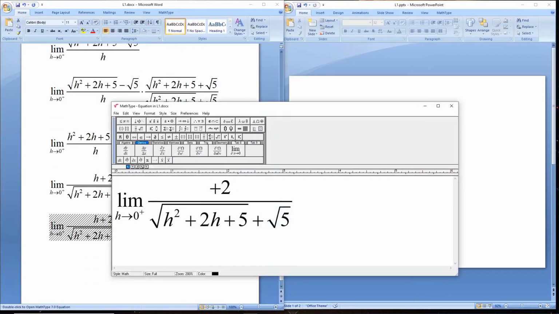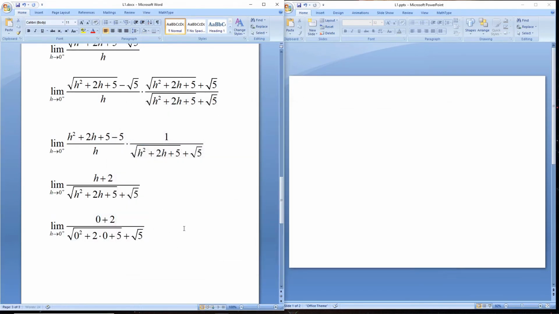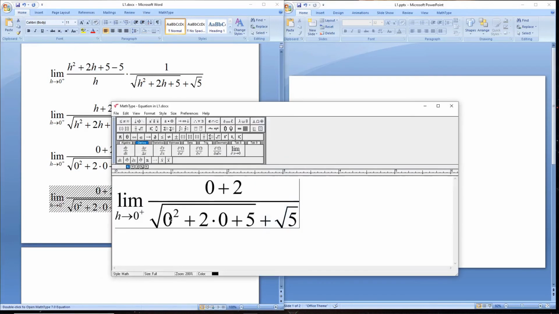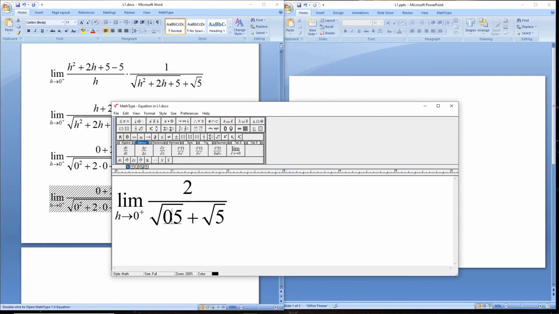So if we just plug in 0, and figure out what that is, and square root of 5 plus square root of 5 is 2 square root of 5. And then those 2's cancel to get us our final answer.